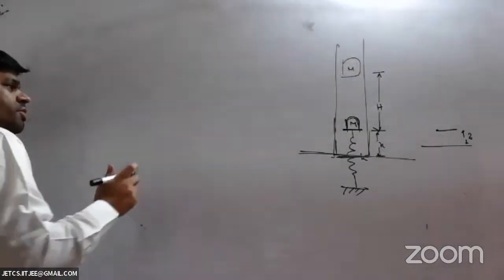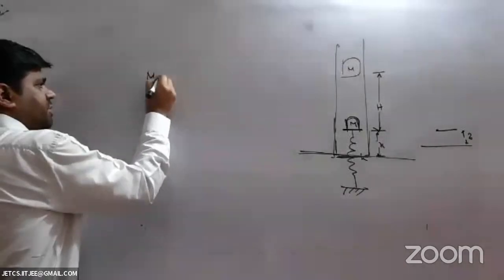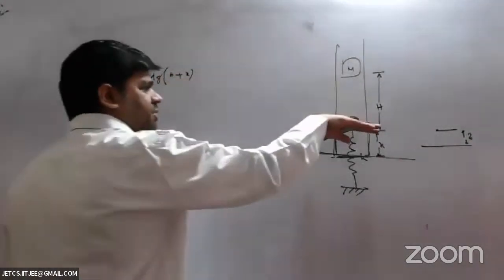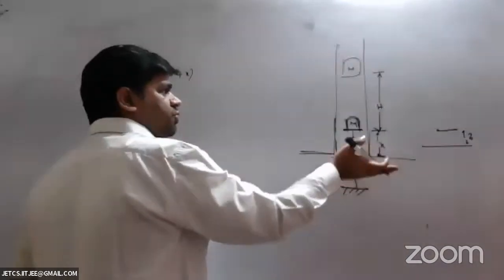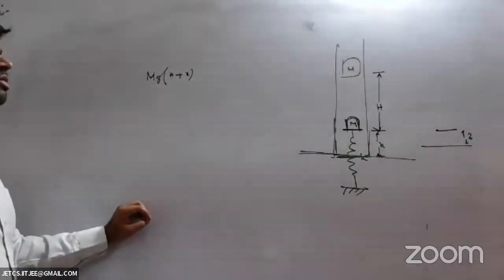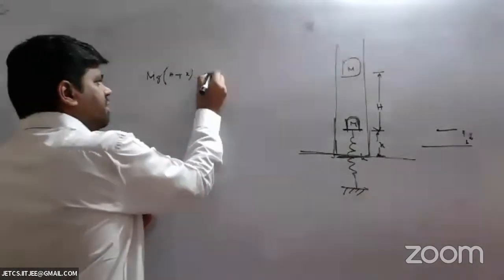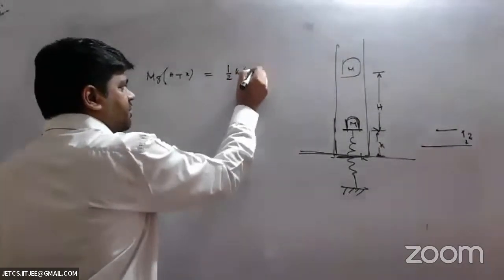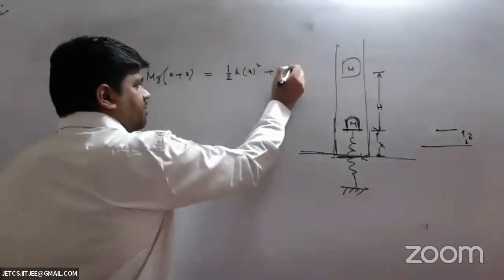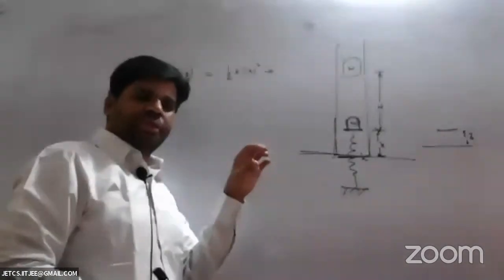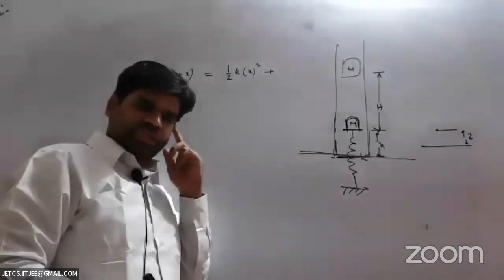So my initial energy is mg times h plus x, because h is from natural length and x is the compression. And final energy is spring energy, half k x square, plus the kinetic energy at the bottommost position when the particle stops momentarily. What is the kinetic energy at that position?